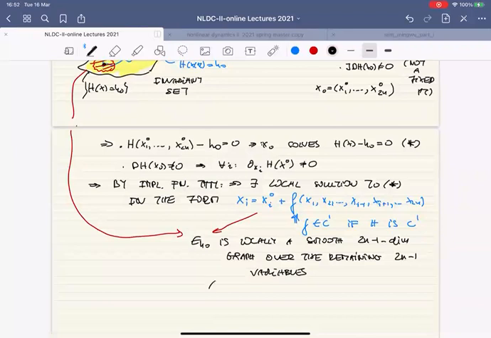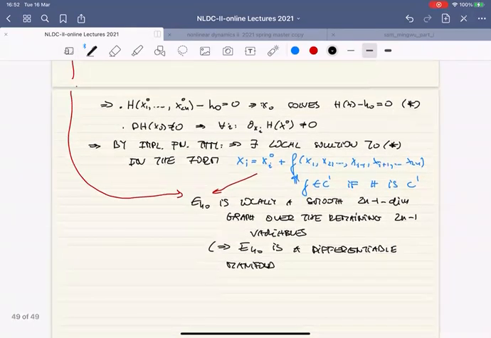So in later terminology, EH0 is a differentiable manifold. And the term we use for these, which is already something I used in Linear Dynamics 1, we'll say of codimension 1, which means that it has one less dimension than the phase space.